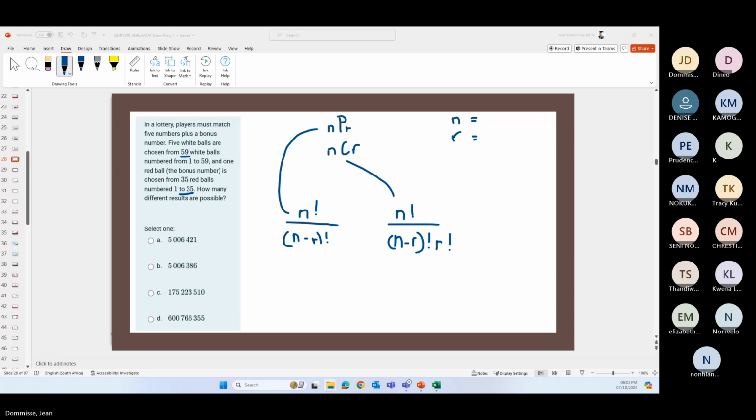Even if you're guessing, it's also fine. You can tell me what you would have chosen if this was now in the exam. Permutation or combination?